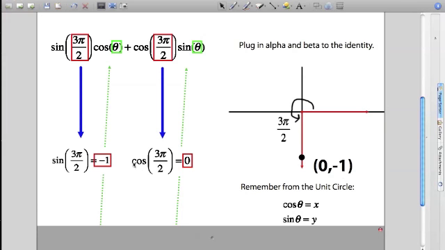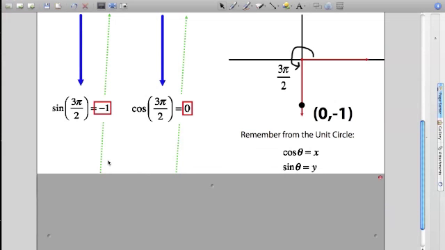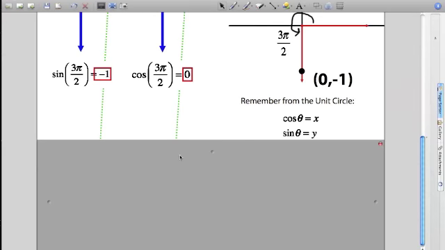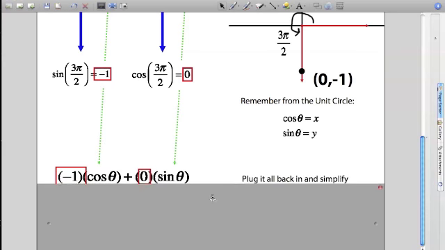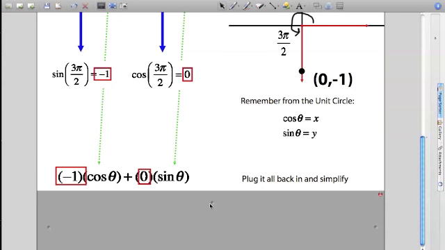On the other side, you have cosine of 3 pi over 2, and cosine is the x-coordinate, so I simply found the corresponding components, and we're going to make a substitution. This is just like the other identities, except this time we are substituting numbers instead of trigonometric identities. In my opinion, this is a little bit easier because you actually get to crunch a little bit of numbers instead of randomly doing all kinds of stuff that you have no idea what you're doing.